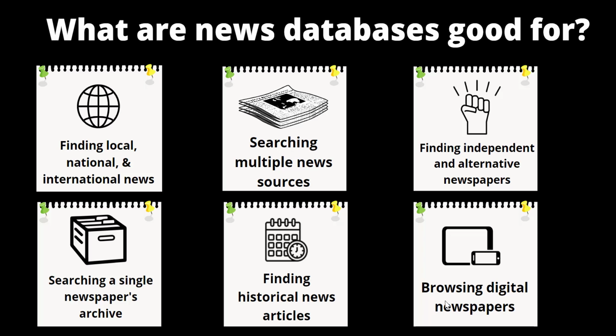Depending on what you're working on, they can be useful for finding local, national, and international news sources, for comprehensively searching the archive of a particular news source like the New York Times or the Globe and Mail, for casting a wide net and searching many news sources at once, for finding historical news articles dating back, say, to the 19th century, for searching for more specialized and less mainstream news coverage, such as articles from independent and alternative news sources that may be a little harder to find, and for those of you who like browsing current news sources in the format they were printed in, some databases can be good for this as well.